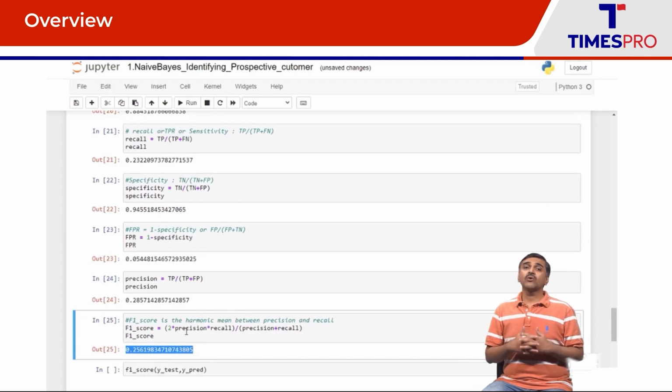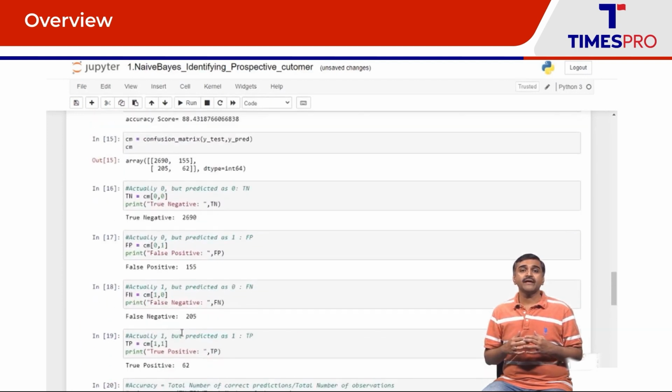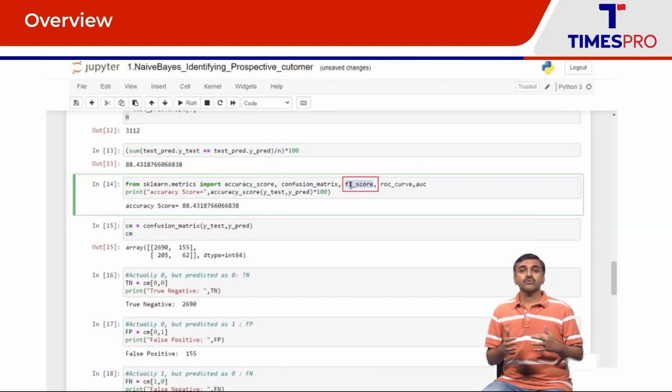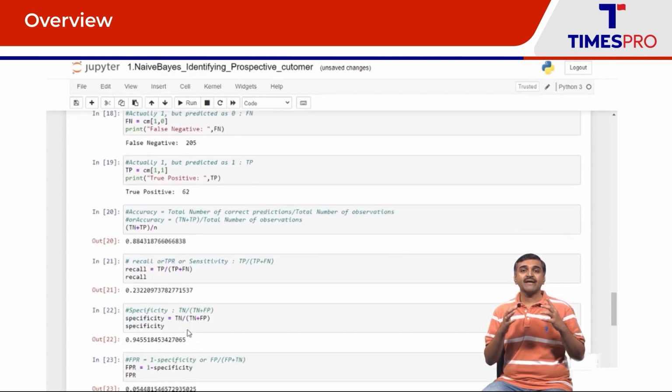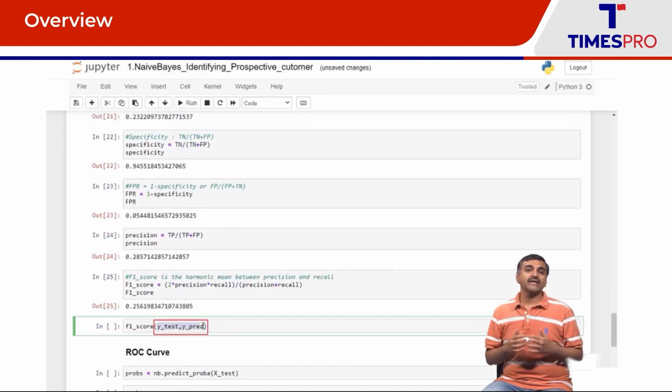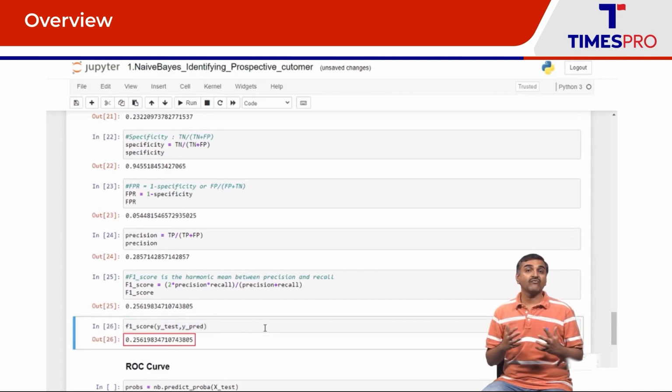Alternatively, the F1 score can also be computed by using the f1_score method of scikit-learn.metrics. For this, I pass y_test and y_pred to the f1_score method, and I get exactly the same answer of 0.2561. So what do we infer from this F1 score?